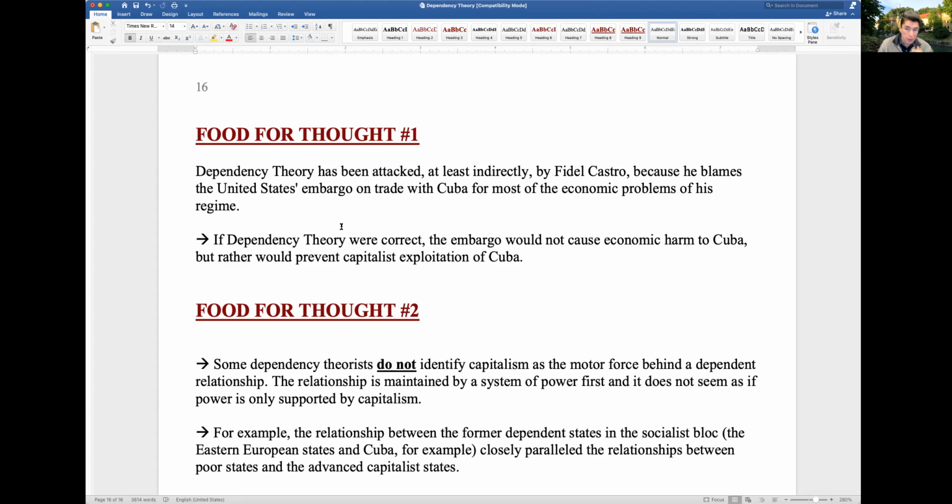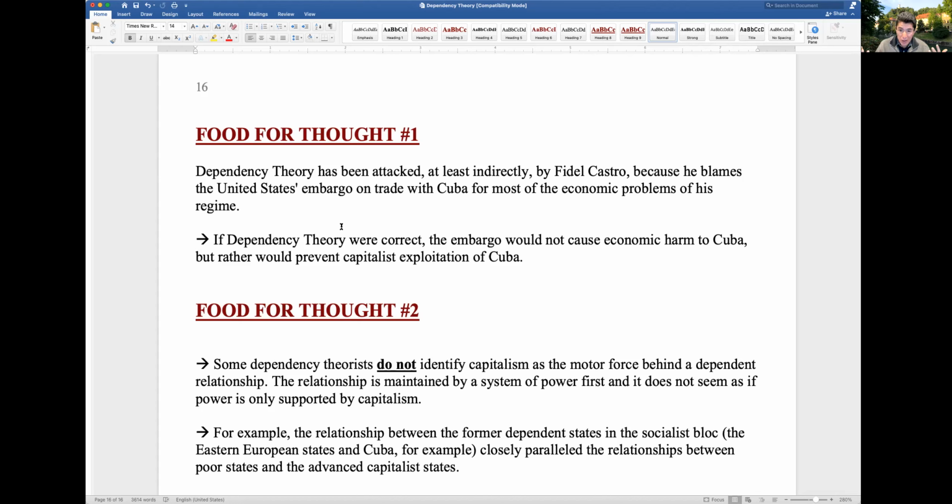Anyway, the point is that, when he was alive, Castro was blaming the US embargo as one of the main reasons that Cuba was suffering so much.